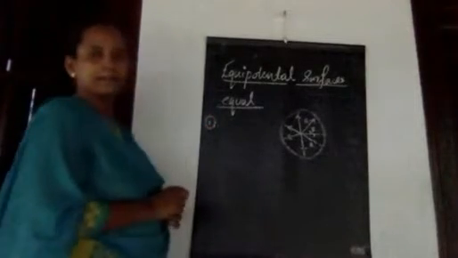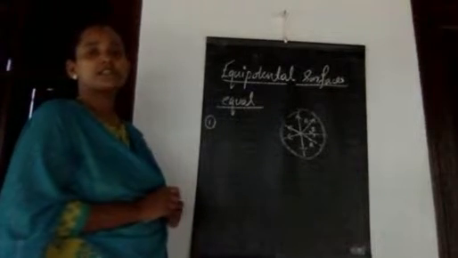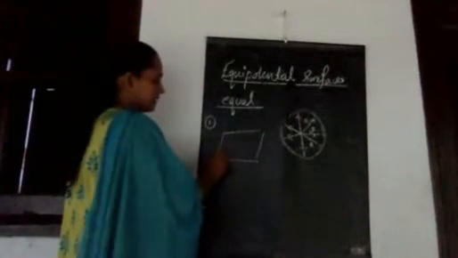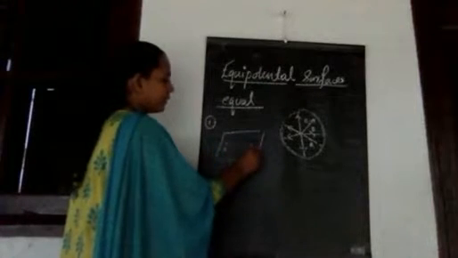The first property of an equipotential surface is that the work done to move a charge on an equipotential surface is 0. Why is it 0? Suppose you choose one point A and another point B on the surface.